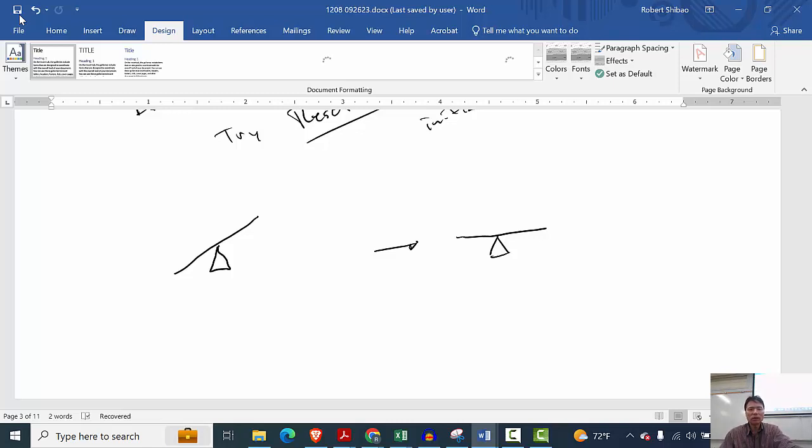But what if we approach the equilibrium from the opposite direction, that is from the right? So somebody pushed it down here. Would we get to the same equilibrium? And the answer is yes. We'll just get to the same equilibrium. And so it doesn't matter if I approach the equilibrium from the left or I approach the equilibrium from the right, I'm going to achieve the same equilibrium. Does that make sense?